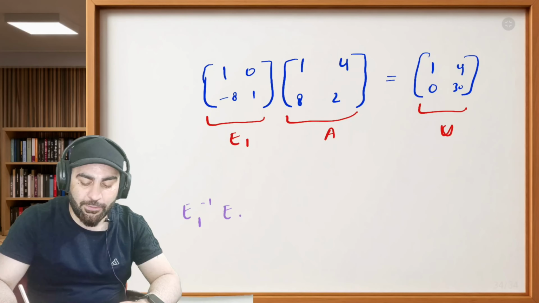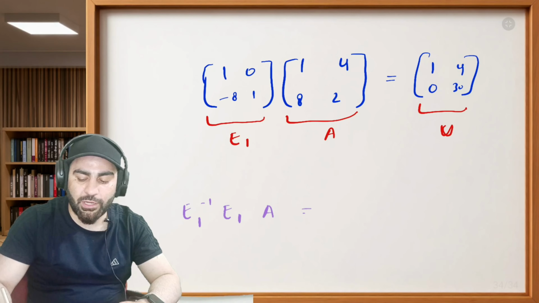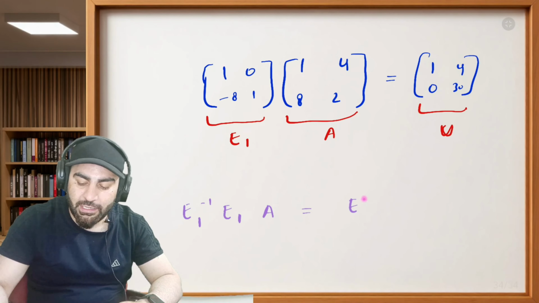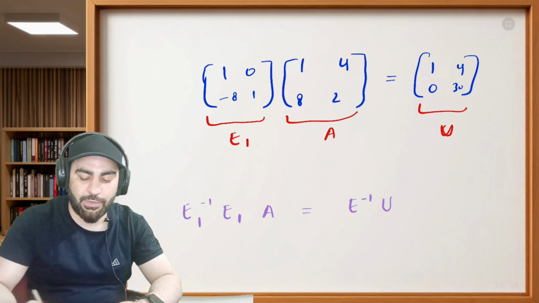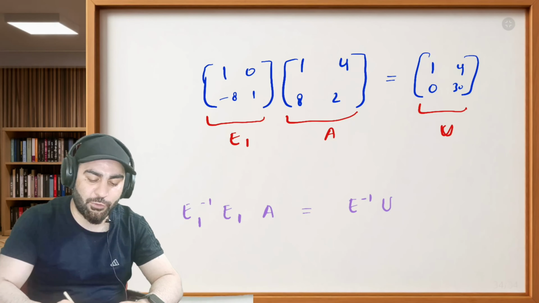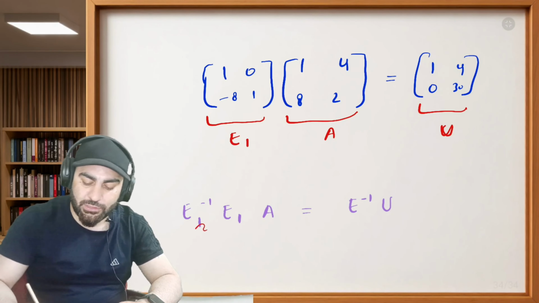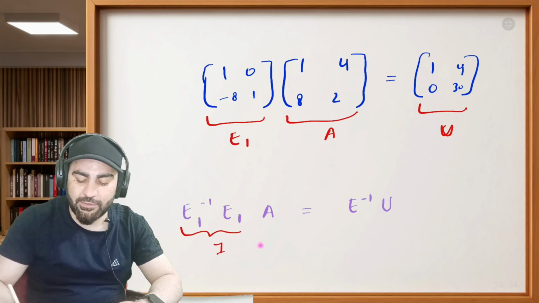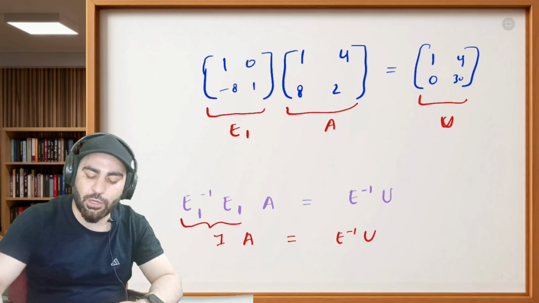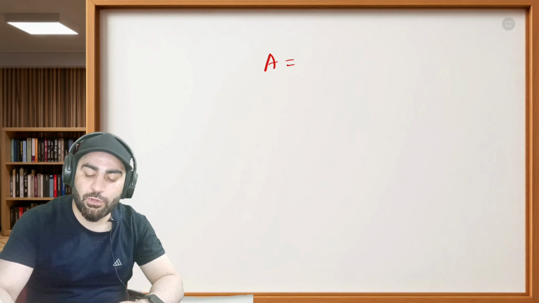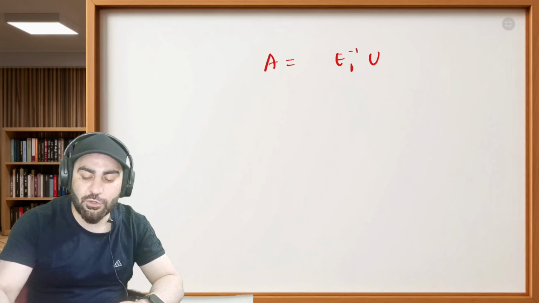This will be identity, this will be my A, and this will be E1 inverse of U. So what you have got now is A is equal to E1 inverse of U.